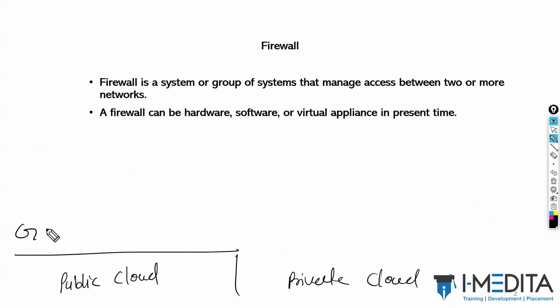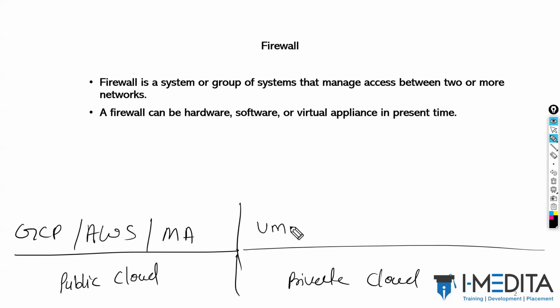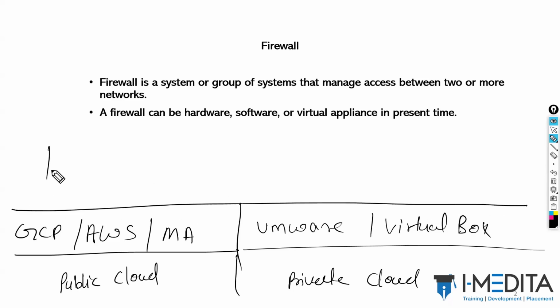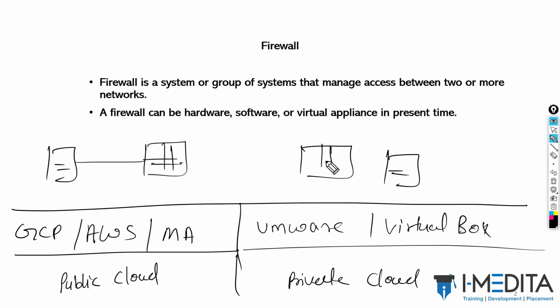In public cloud, we have Google Cloud Platform, Amazon Web Services, and Microsoft Azure. In private cloud, we have VMs, virtual boxes like this. On these private and public clouds, we can deploy our virtual servers. To protect those virtual servers, we need a virtual appliance. So this was something about what a firewall is and its types.